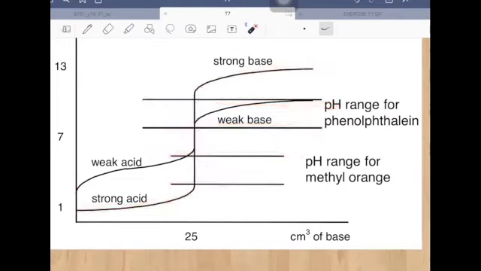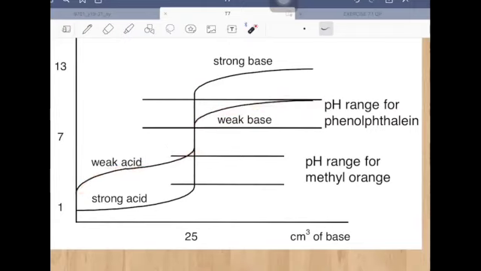Okay, the only thing that is a problem is your weak acid, weak base, because there's no vertical region. It's simple as that. There's no vertical region, and also the indicator does not coincide with where your equivalence point is. Basically, it's difficult to know where the equivalence point is for weak acid, weak base, or you don't know when the end of the reaction is for a weak acid and weak base reaction.